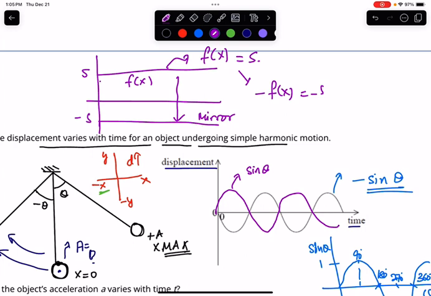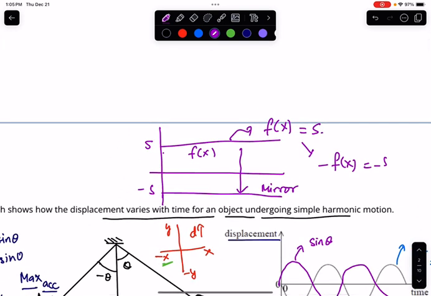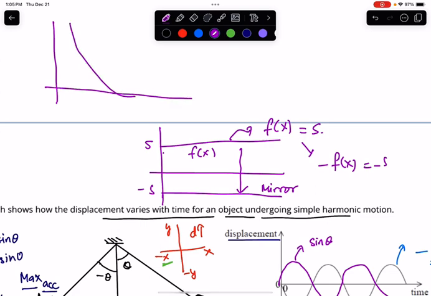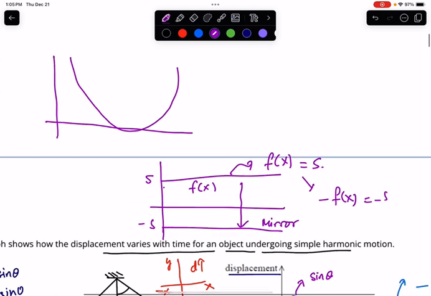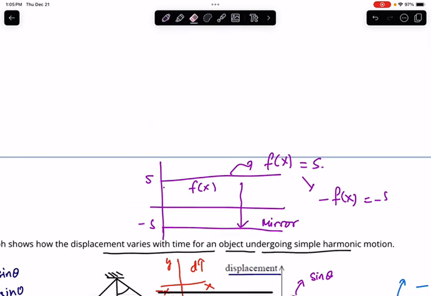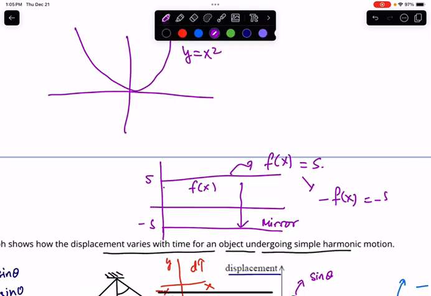And I would recommend that, for these functions, you can experiment on Desmos, right? So let's say you have this function over here, which shows that y is equal to x squared.